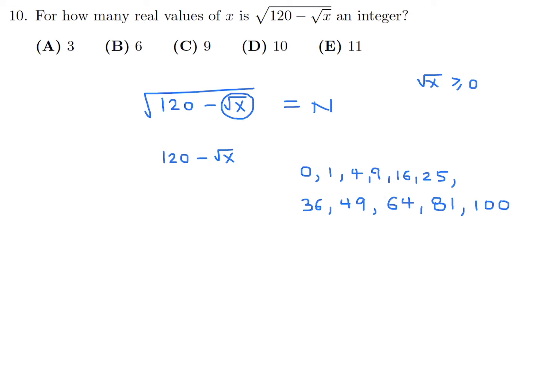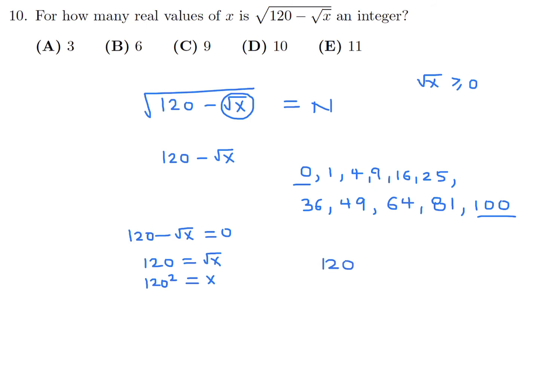So that's it. And let's verify a couple of these. Let's say what's under the square root sign is equal to 0. So 120 minus the square root of x is equal to 0. That means that 120 is equal to the square root of x, and therefore x is 120 squared. Okay, that works. How about if it's 100?